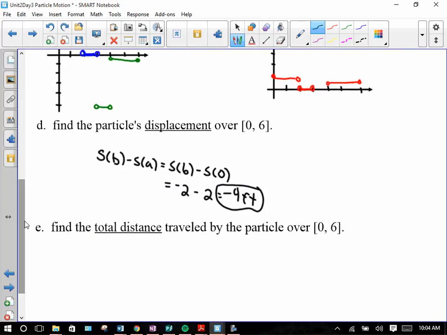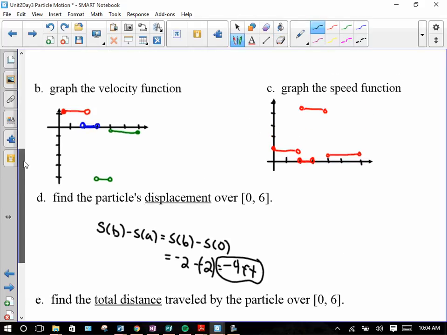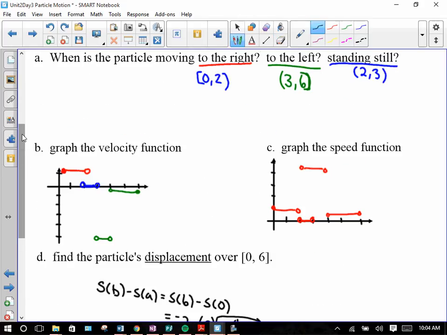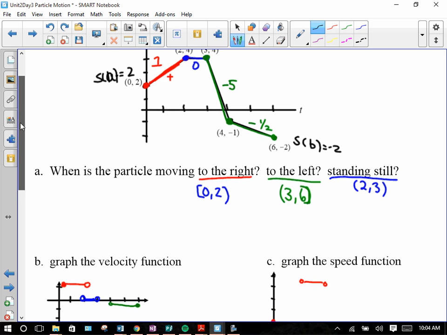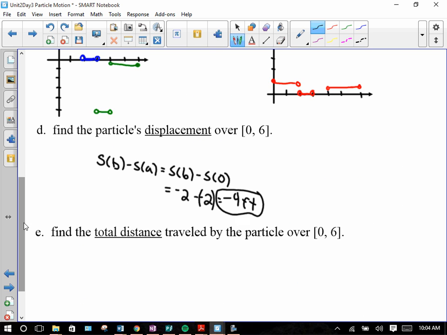Oh, it should be negative 2 minus negative 2, because it's minus negative 2. Oh, yeah, sure. Alright, so we're good then.